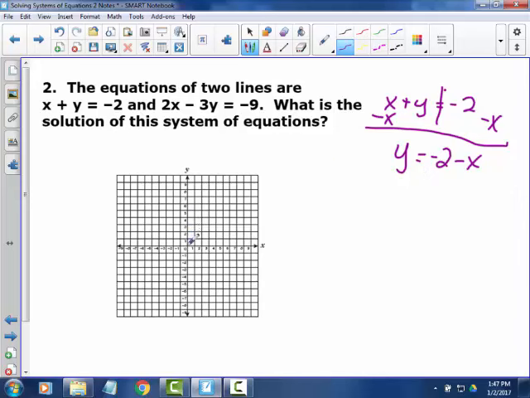Come over to our grid, and we place a point at negative 2 because that's where we're going to begin. And we have a negative 1 slope, so we're going down 1 and to the right 1. Or up 1 and to the left 1.